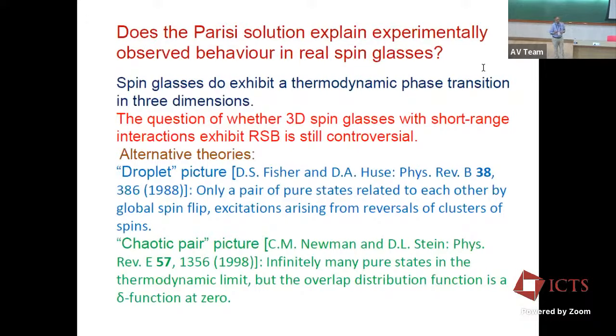where you are assuming that there are only two pure states, only two minima of the free energy, and then making some assumptions about the excitations from those minima.